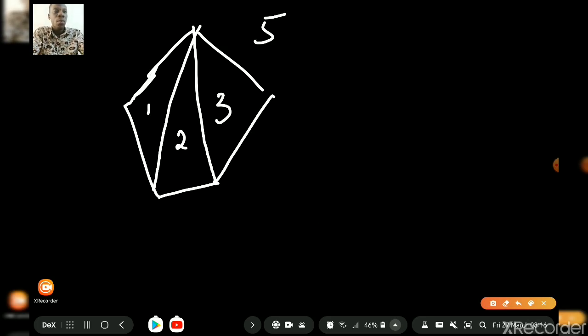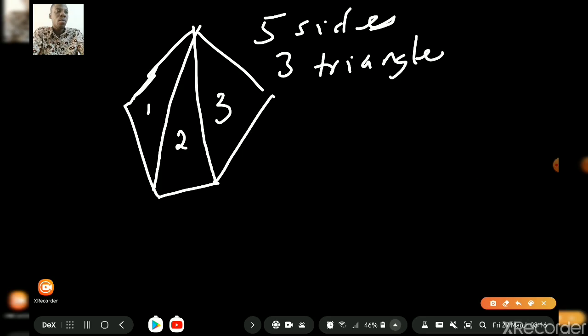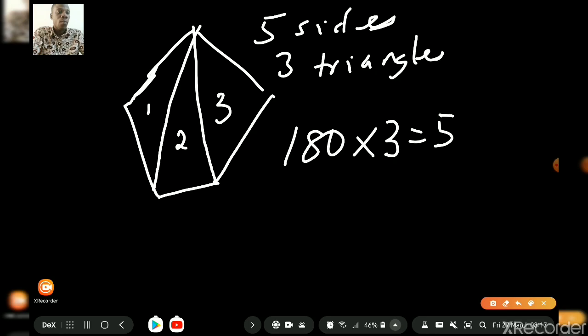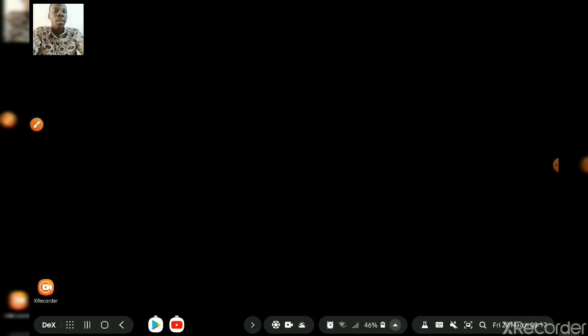So 5 sides, 3 triangles. The sum of interior angles is going to be equal to 180 times the number of triangles, which is going to give us 540. 5 sides, 3 triangles; 4 sides, 2 triangles. How about a 6-sided figure, or a hexagon?